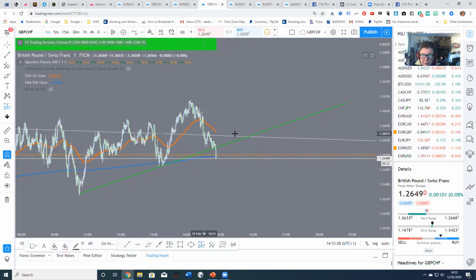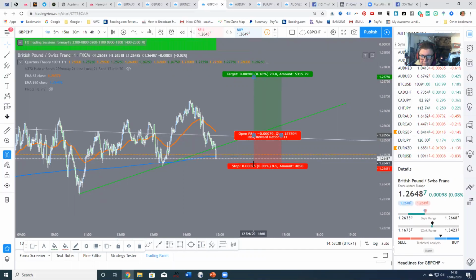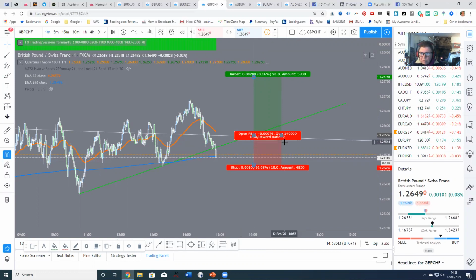We put a long position on about there. I'll do my 20 pips there, and that's nice because with just a 10 pips stop loss, I've got a risk to reward of 2 to 1. I'm risking 10 pips to win 20.